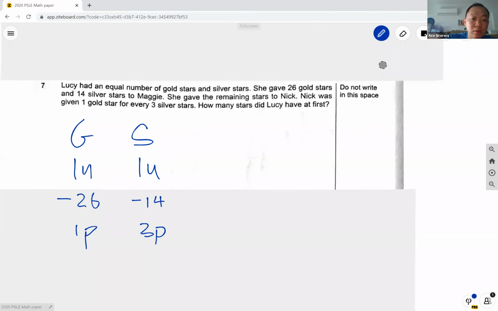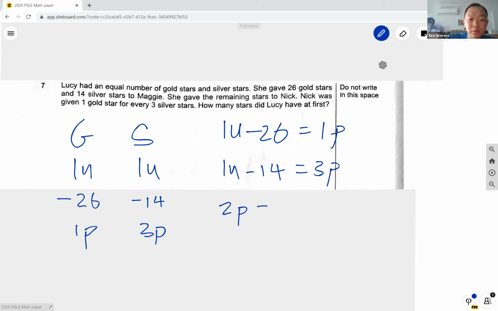G1U, okay. So 1U take away 26 equals to 1 part. And then 1U take away 14 equals to 3 parts. So from here I know 2 parts equals to, what's 2 parts equivalent to? Now 2 parts is equivalent to the difference between 26 and 14, which is 12. So 1 part represents 6, right?